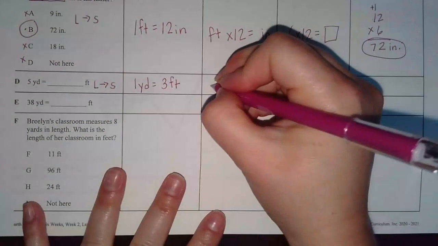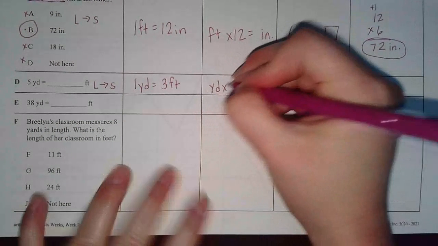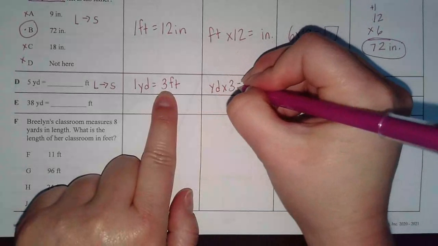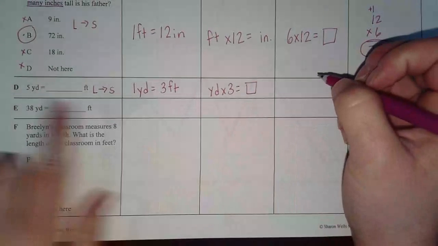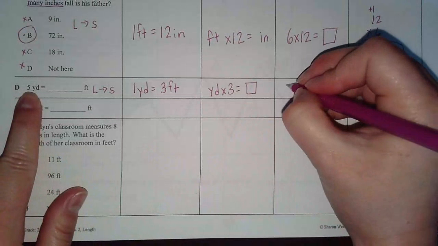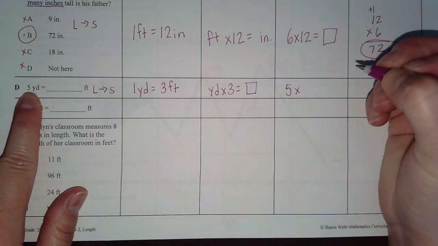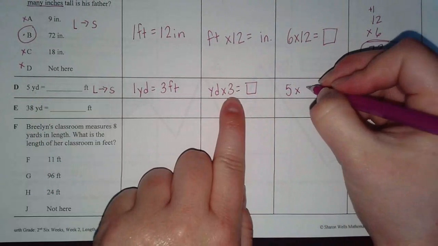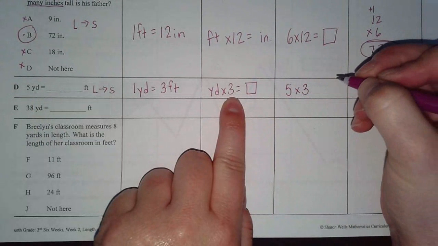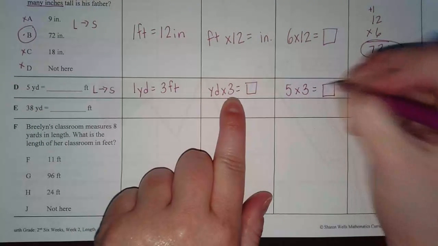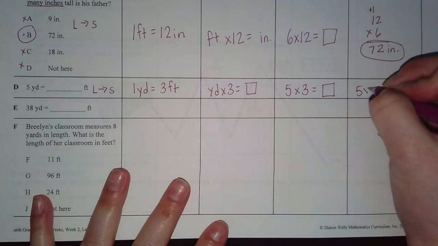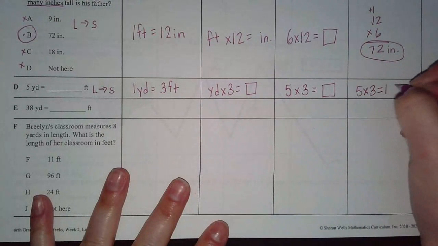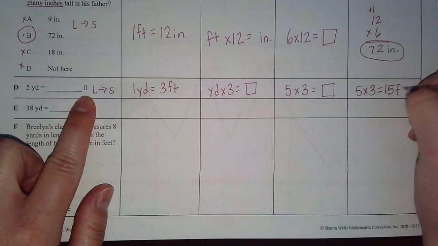Multiply. So I'm going to take those yards, times it by 3, and it's going to equal the feet I'm missing. How many yards do they give us? 5. 5 yards times our 3 feet is going to equal our feet. So here I have 5 times 3 equals 15 feet.